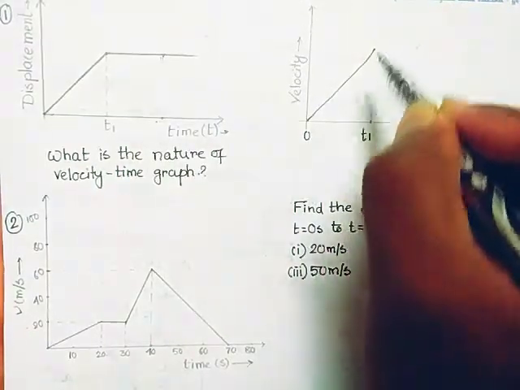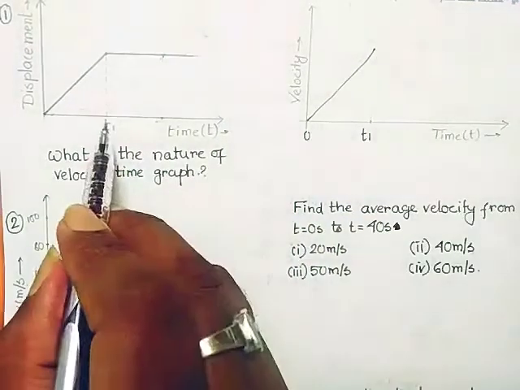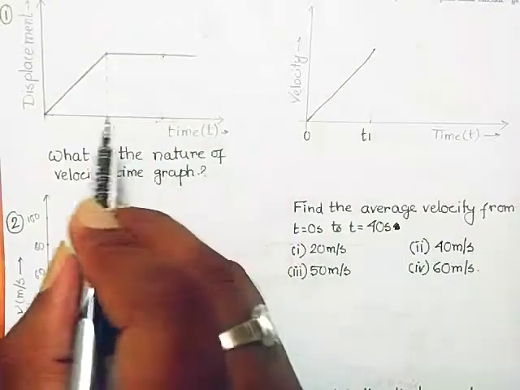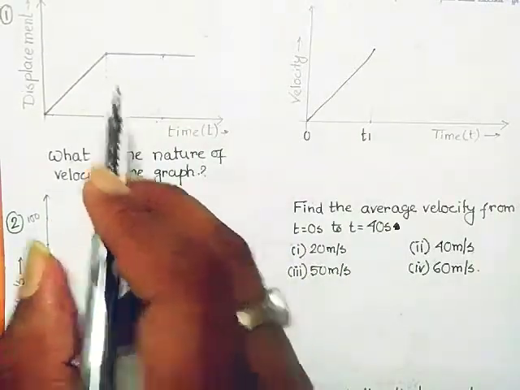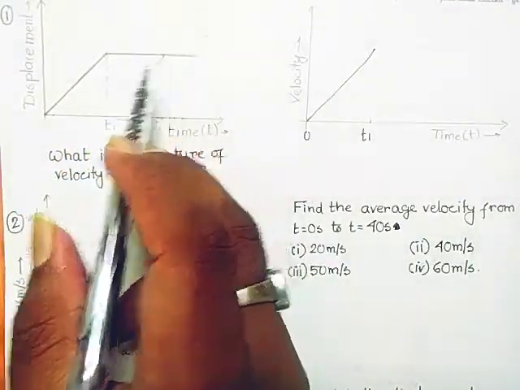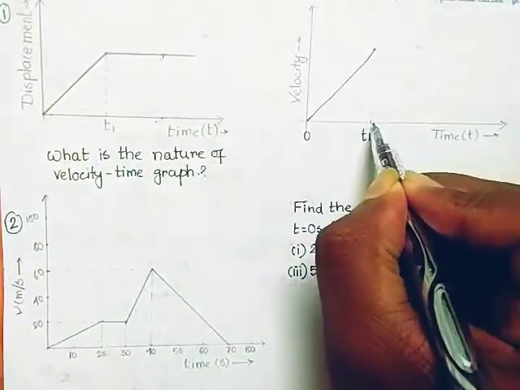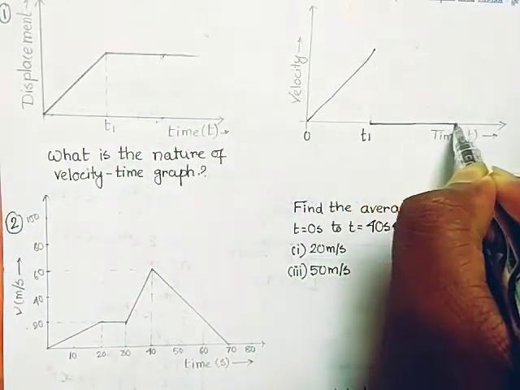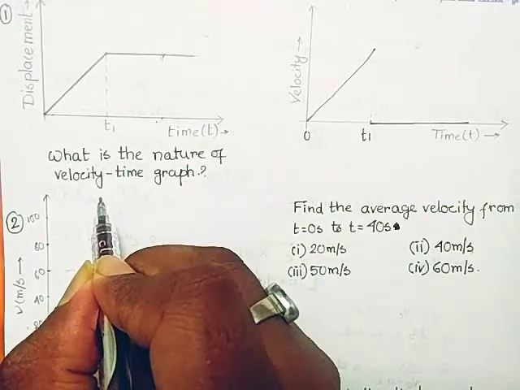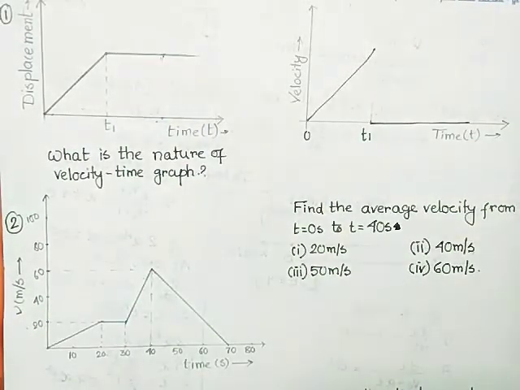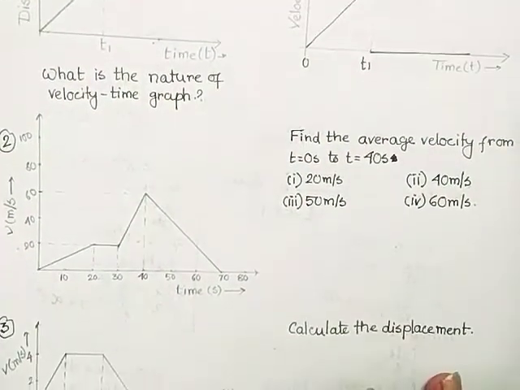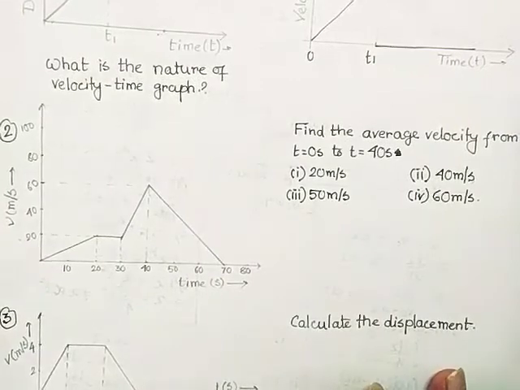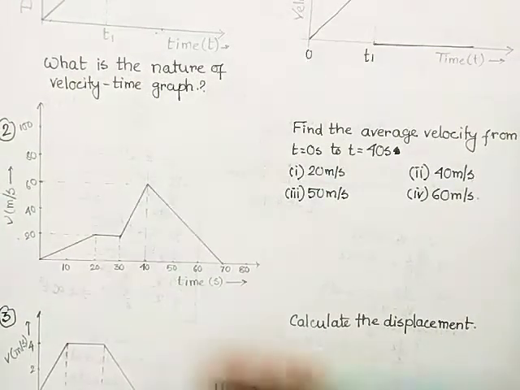After t1, from t1 to infinity, the displacement is not changing, so the velocity is 0. The curve is like this. So this is the nature of the velocity versus time curve. Now let us consider the next problem.